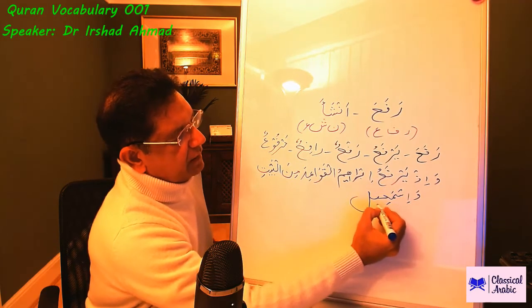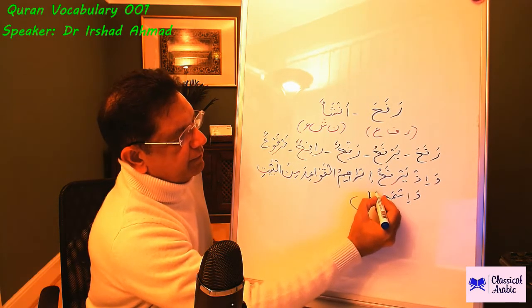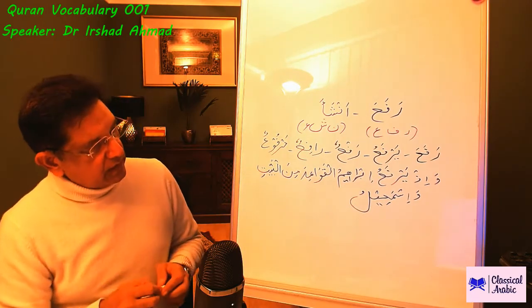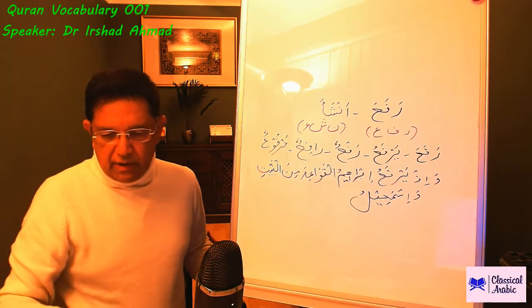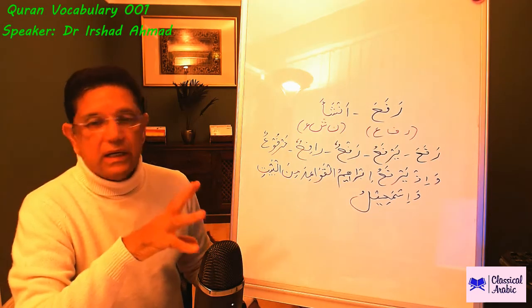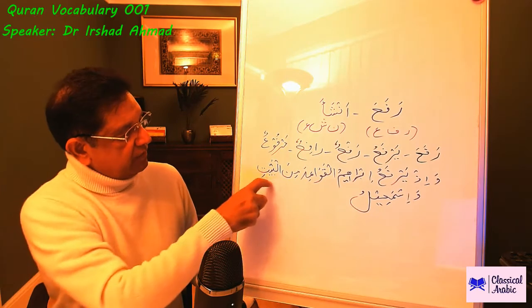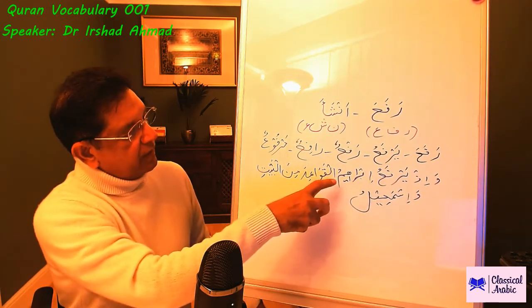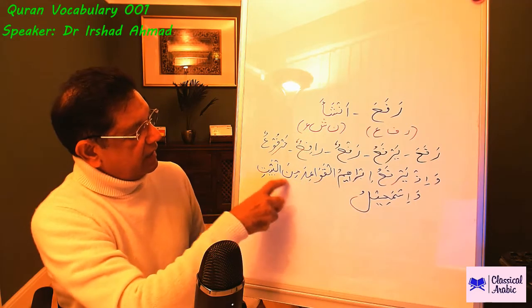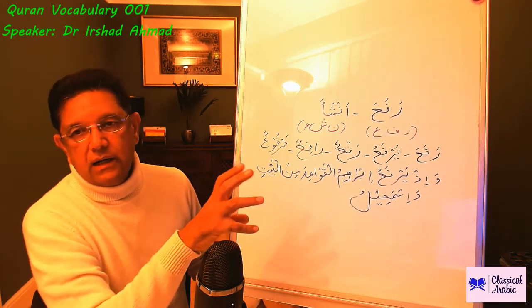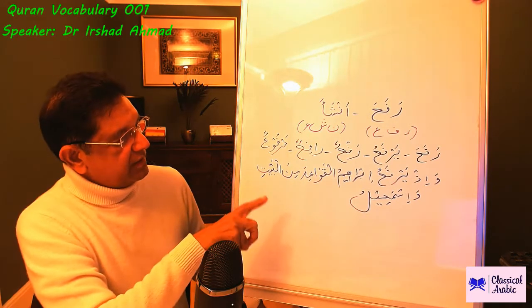So the translation is, remember when Abraham and Ismail raised the foundations of the house, which is Kaaba. So wa yarfa'u Ibrahimul Qawaida min al bayti wa Ismailu, and that's ayah number 127 of Surah Baqarah.